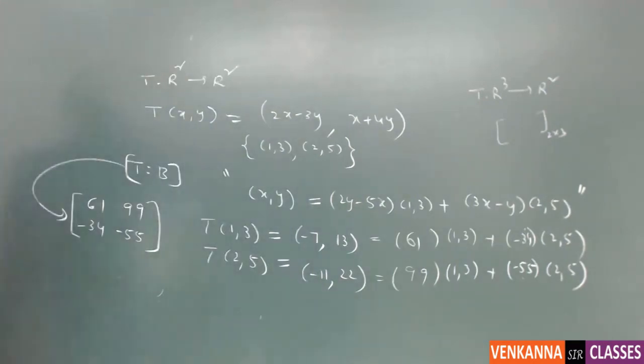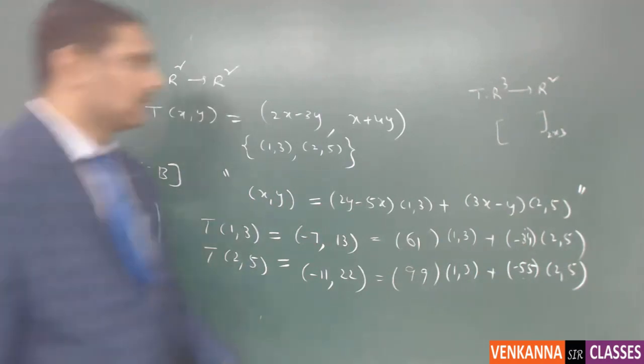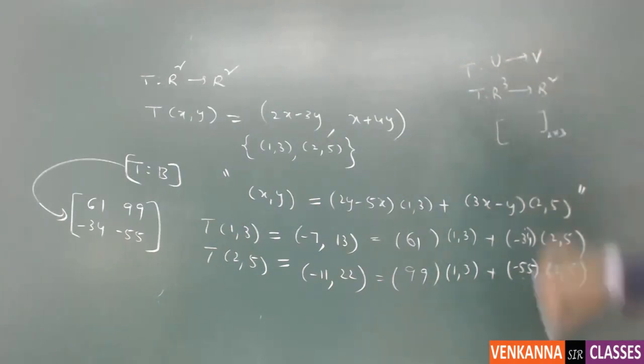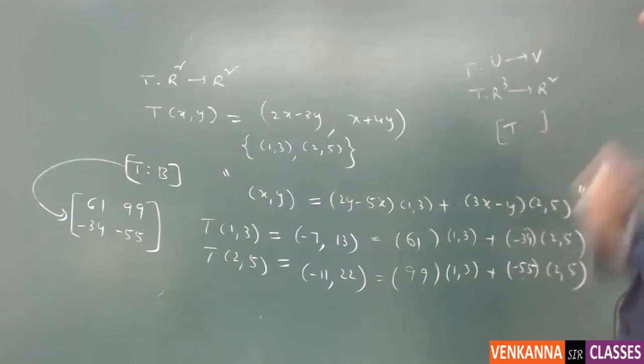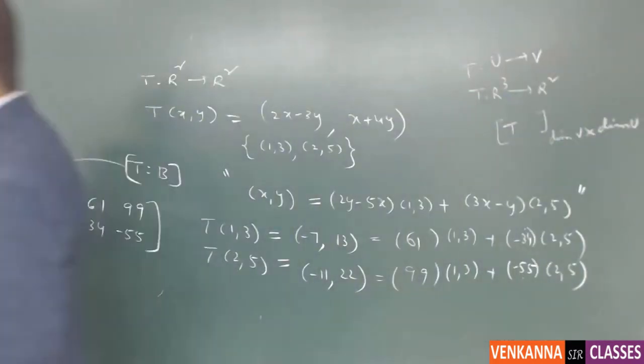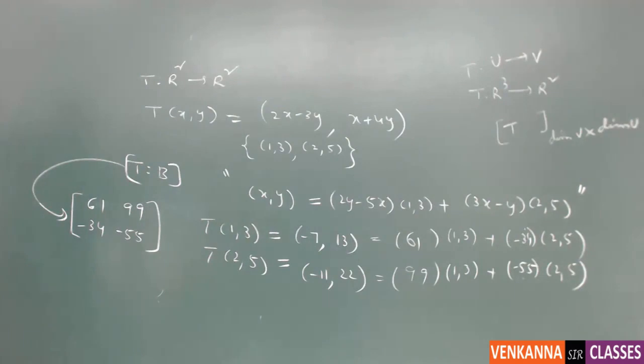From this we can say that the codomain basis gives the number of rows, and the domain basis will give the number of columns. So if T from U to V is a transformation, then the order of the matrix of T is dimension V cross dimension U. So the codomain basis will come as number of rows and the domain basis will come as number of columns.